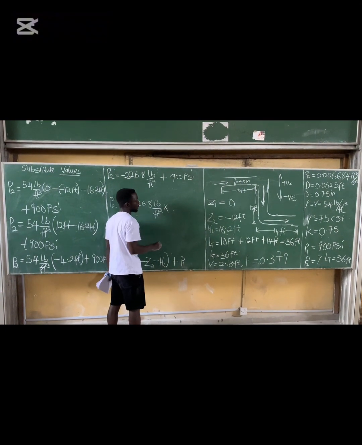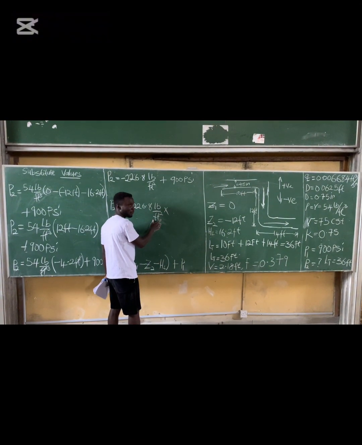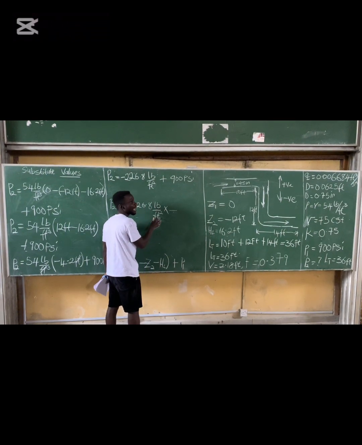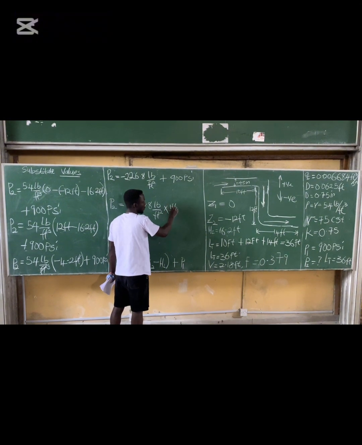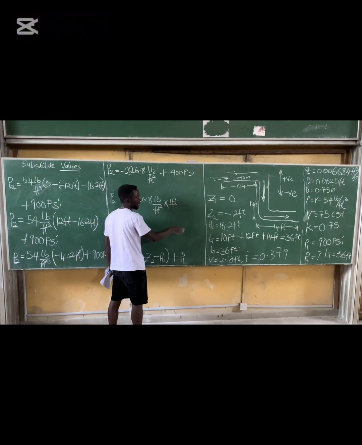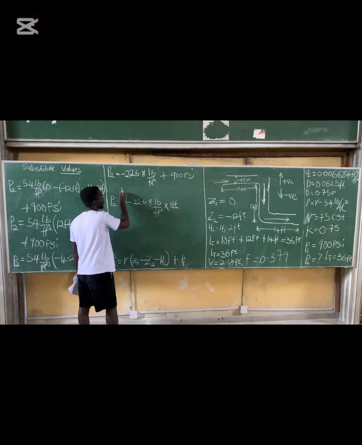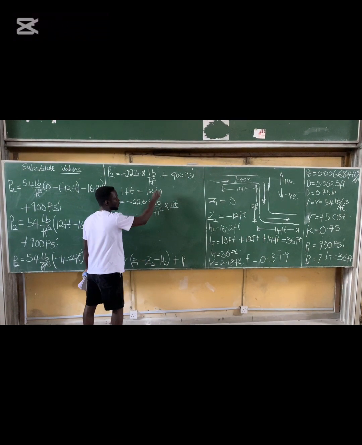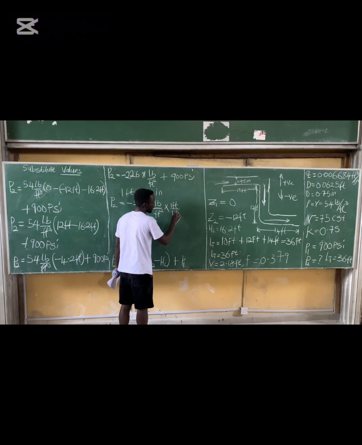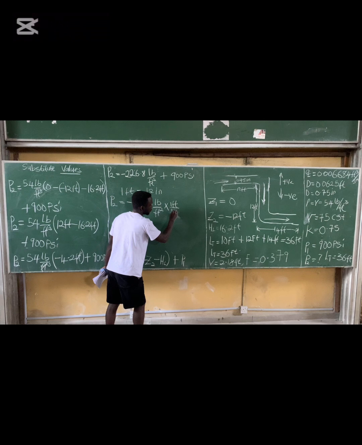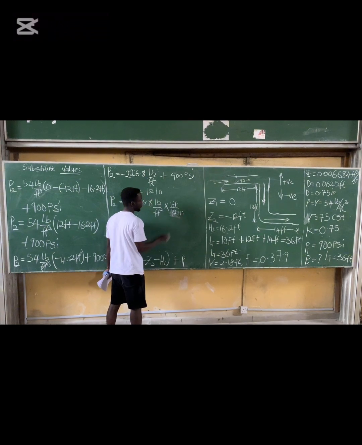We multiply by, since we are converting from feet to inch, the feet here is at the denominator, so it will become the numerator in such a way that feet can cancel feet. Then divided by, remember we said that 1 foot is equal to 12 inches.